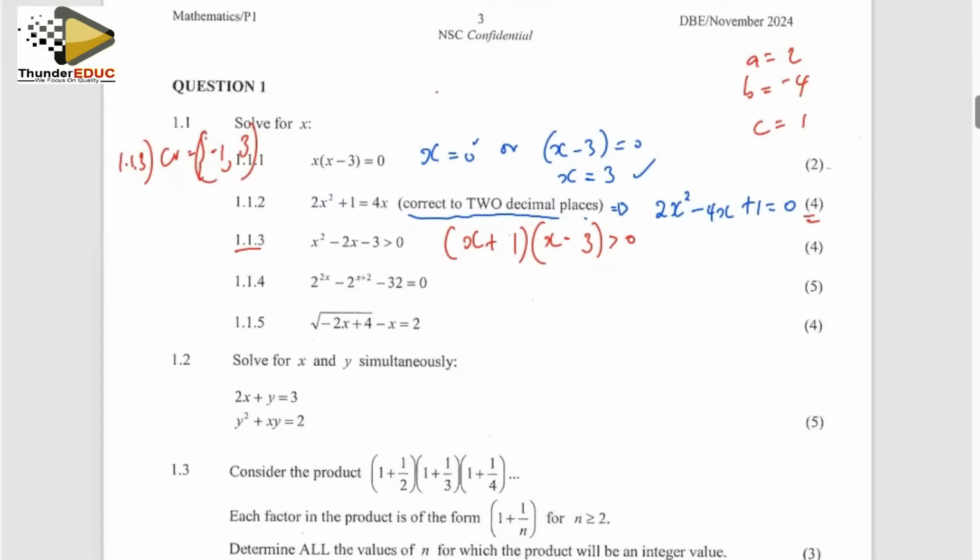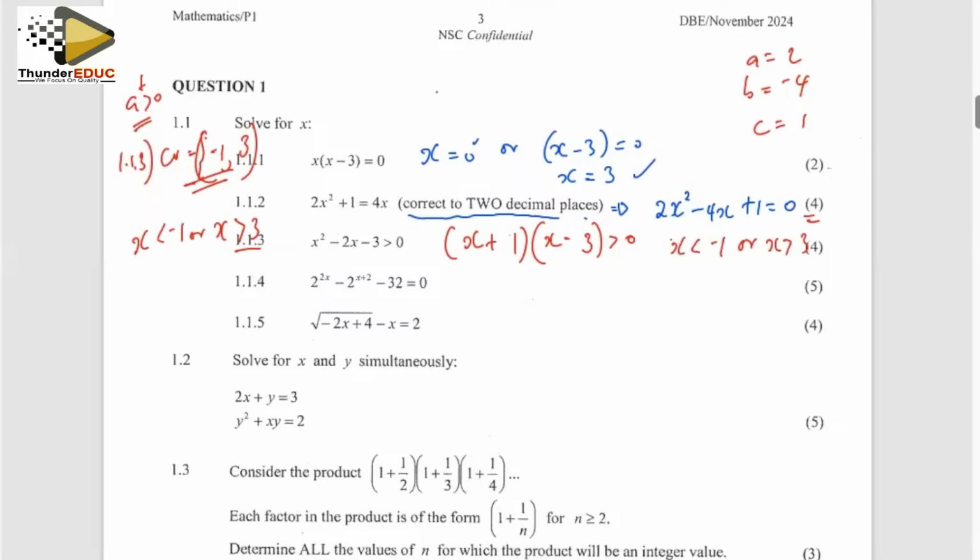But now we know that the inequality is greater than and the a is also greater than 0. The a is positive, and the inequality is greater than, which means either x should be less than negative 1, or x must be greater than 3. So that is how we would work that out. Factorize, get your critical values, and then represent the solutions.